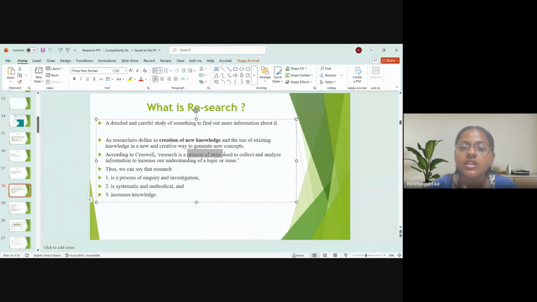We need to understand that research is systematic, and it has a very proper process, step by step, as you have already seen that we will be discussing, which is used to collect and analyze information to increase our understanding of a topic or an issue. Thus, we can say research is a process of inquiry and investigation. It's systematic and methodological, and it increases knowledge. The very important thing is that it is a process of inquiry and investigation. This is again your keywords.